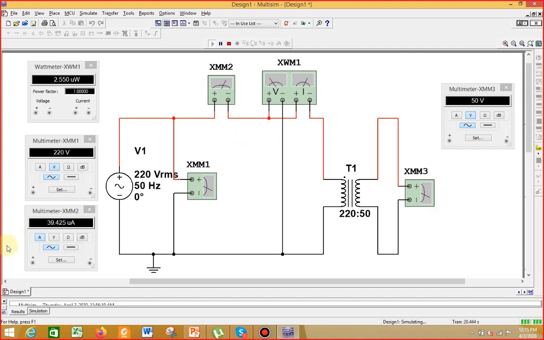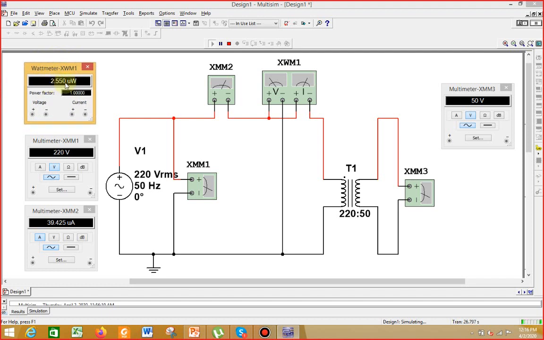But still you can see that there is some current flowing in the primary of the transformer, and therefore there is some power loss in that transformer. So this is the power loss, which is 2.550 microwatts. So it is not a big amount, but still it is a power loss, and it will affect the efficiency of our transformer.